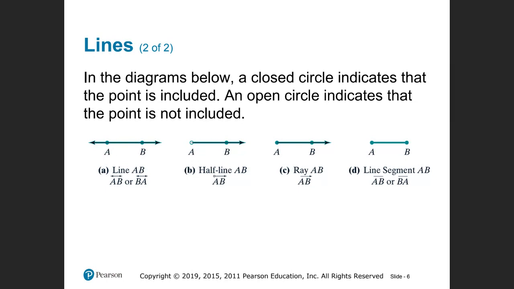A ray starts at point A and goes through point B and continues. And then a line segment, AB, is just that. It goes from point A to point B, and you can see the designator, which is an AB or BA, and it's got just a line over it.